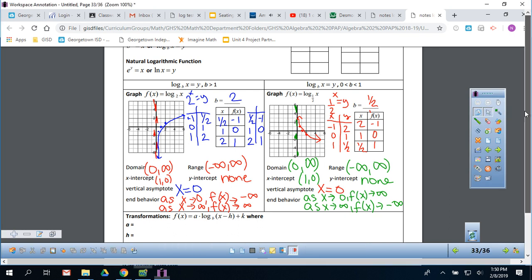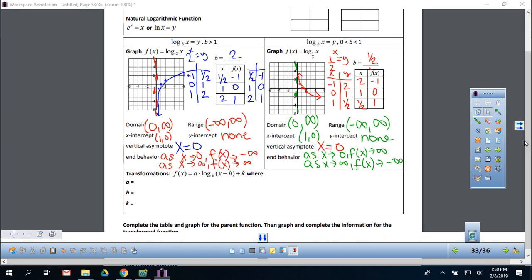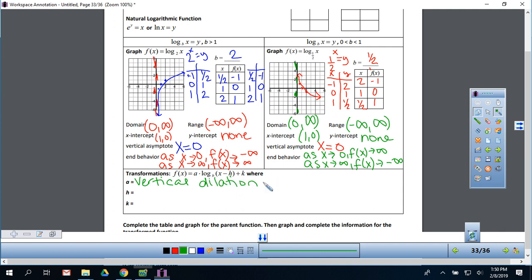Let's see, we'll fill in this and then we'll do one example on the back. Alright, so transformation. A, H, and K are all the same as they've been all year long. A is a vertical dilation, or a flip, the x-axis reflection.